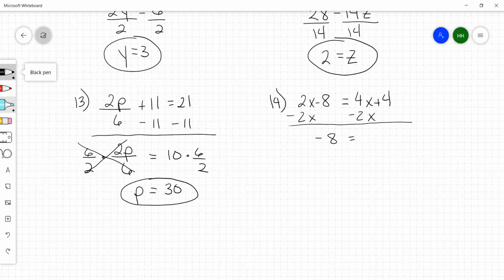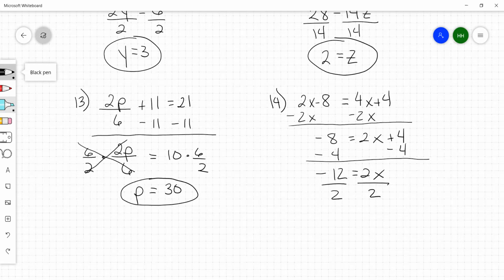Negative 8 equals 2x plus 4. Subtract 4 from each side. Negative 12 equals 2x. And then you can divide by 2. So negative 6 equals x.